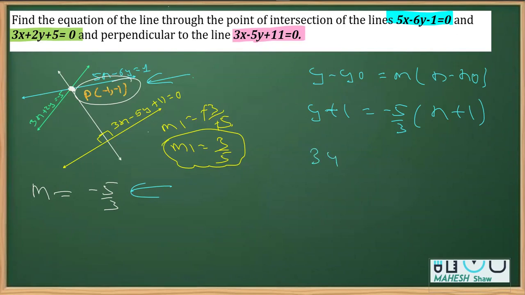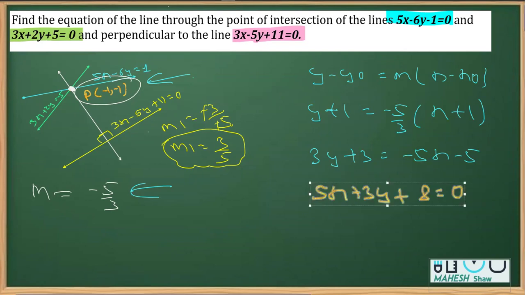Now cross multiplying, we are getting 3y plus 3 on one side, and on the other side, minus 5x minus 5. Now transposing to the left hand side, we'll get 5x plus 3y, and 3 plus 5, that is 8, is equal to 0. So the required equation is 5x plus 3y plus 8 is equal to 0.